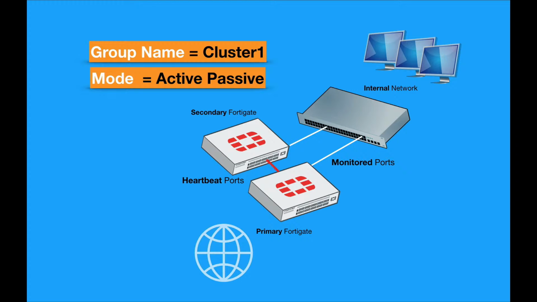In that case, only the primary FortiGate takes care of the different sessions, and the second one is passive. It is listening to the primary, and whenever there is a device or a link failover, it takes its place. Now let's look at our FortiGate and see how we configure it to become a primary FortiGate.